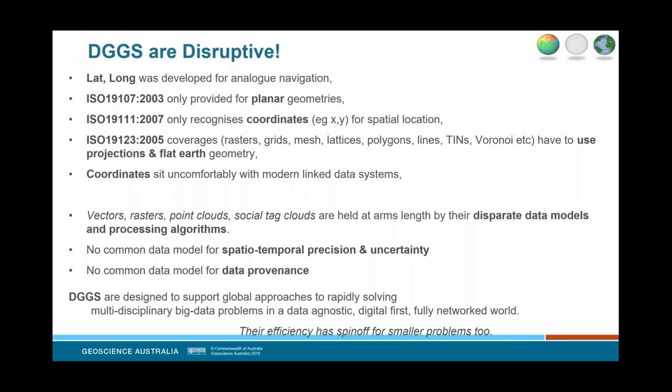Whereas a DGGS is a centralized thing that enables these to come together in a much more seamless way. And conventionally, there's no common data model yet defined for spatiotemporal precision and uncertainty. Everyone does it slightly differently or has their own approach, and it's likewise with data provenance.